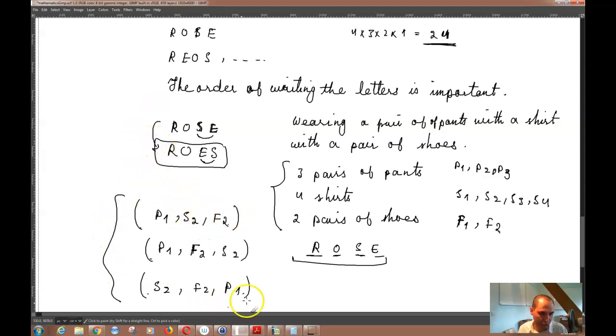It's not the same situation as here. So here the order of writing the letters is important, whereas in the situation of wearing a pair of pants with a shirt and a pair of shoes, the order really does not matter.